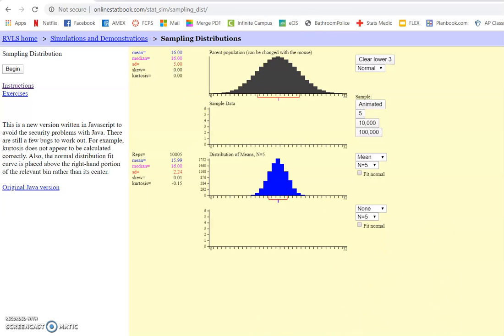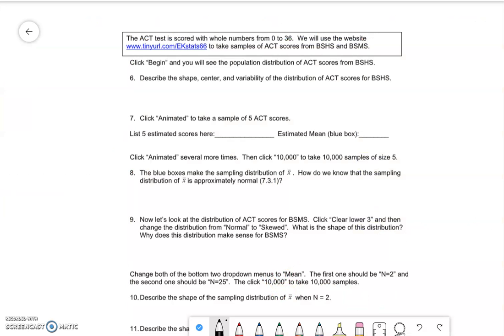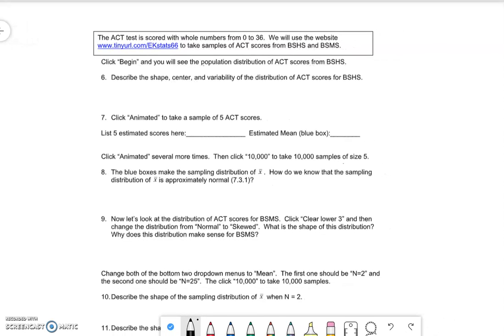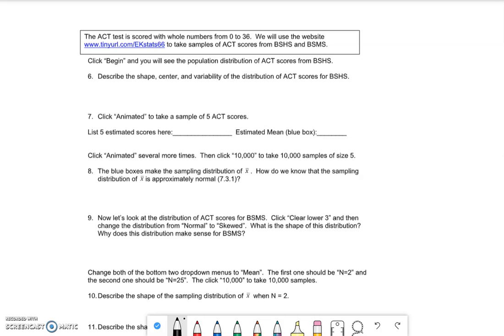All right, let's go back to our sheet here. Let's scroll over so that I can use all of the space. Okay. So, describe the center, shape, and variability of the distribution of ACT scores.